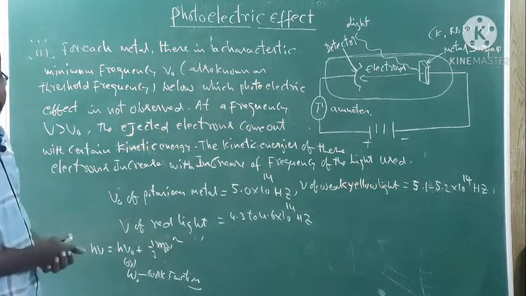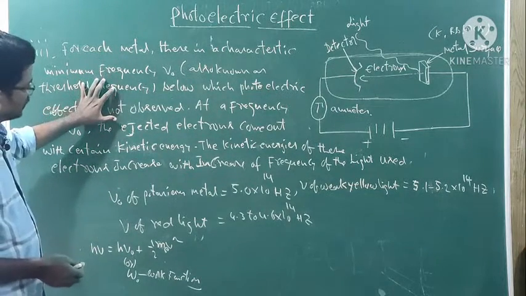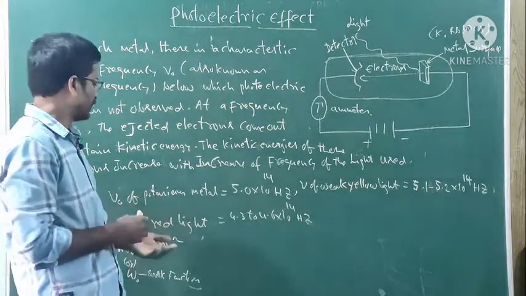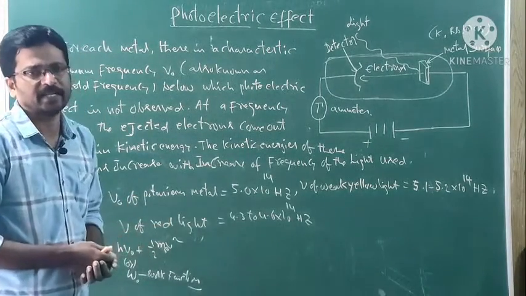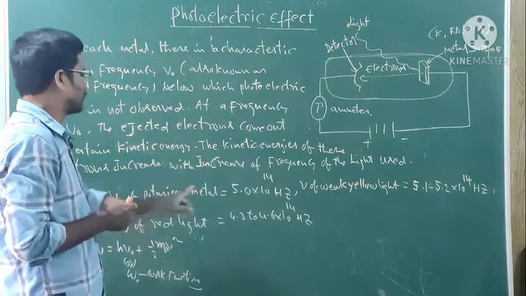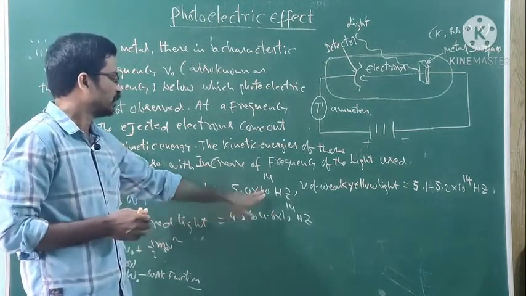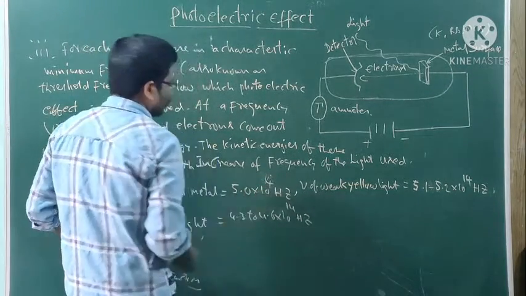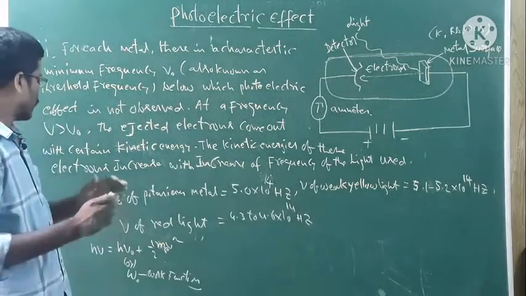Let us take an example to understand this concept. Take one metal, potassium, which has a certain threshold frequency of 5.0 into 10 to the power of 14 Hz.